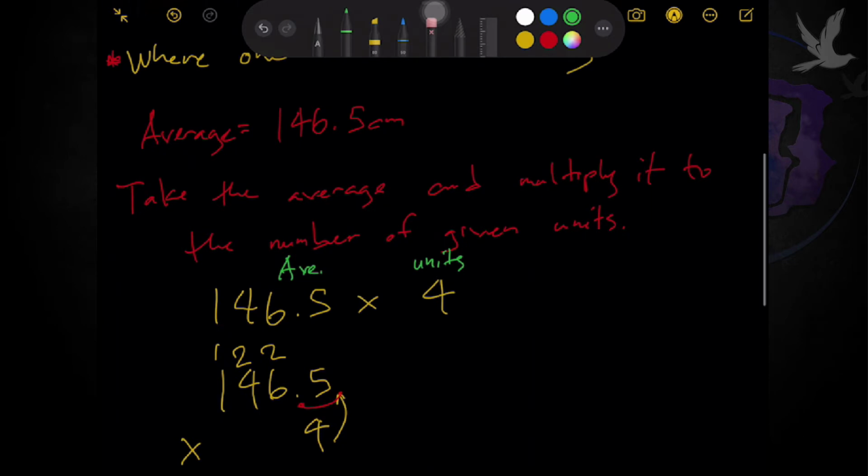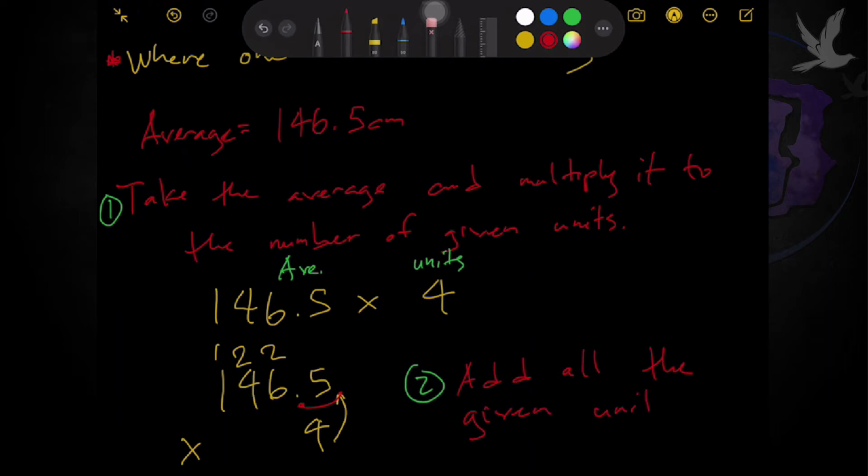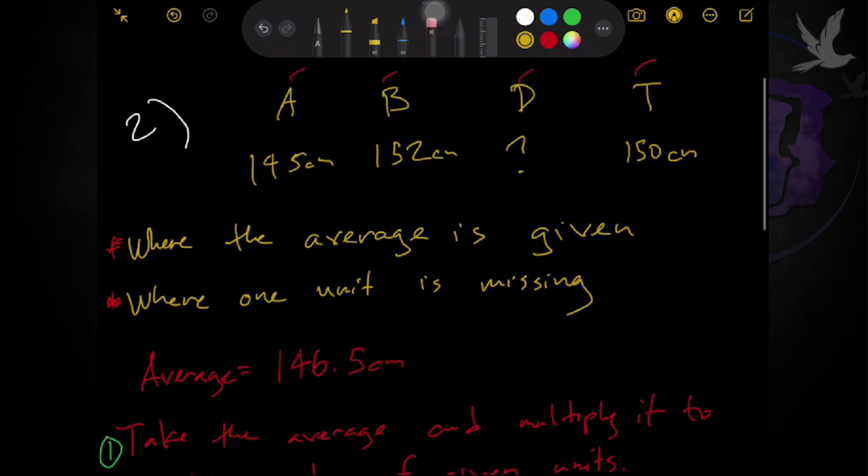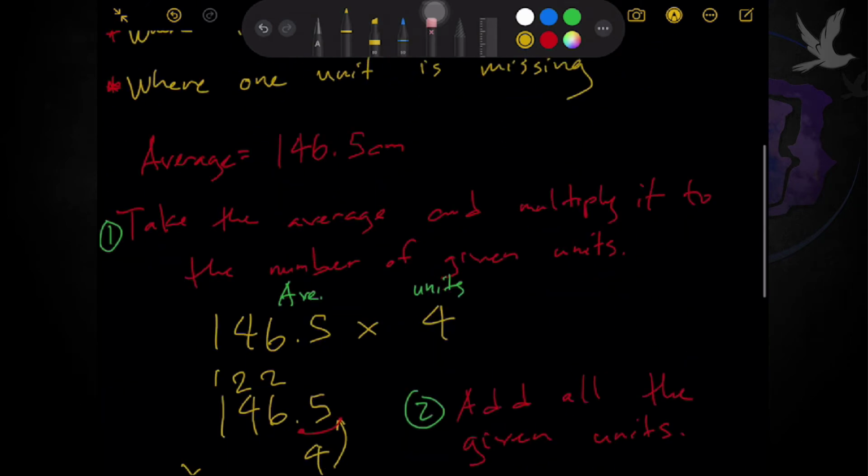Next thing to do after gathering this information is to add all the given. Ito yung first step. Second step is to add all the given units. Okay? So, add all the given units. Anong gagawin natin ngayon? Take all the units, 145, 152, 150.